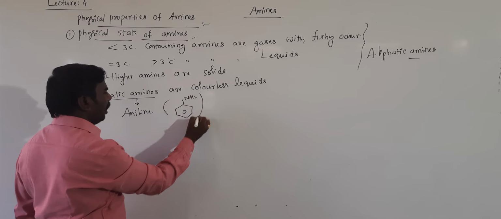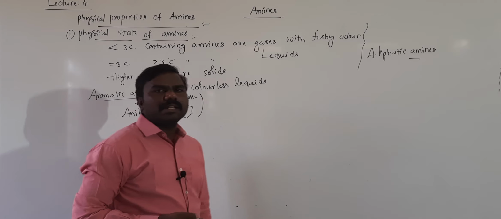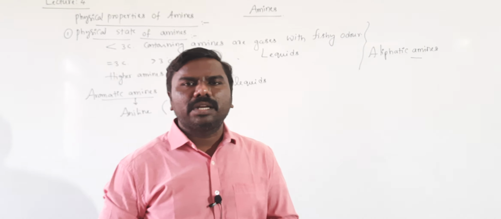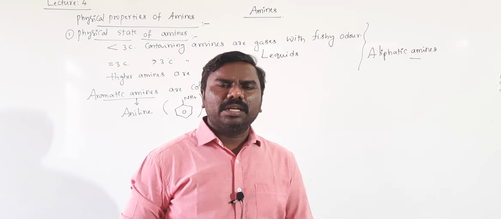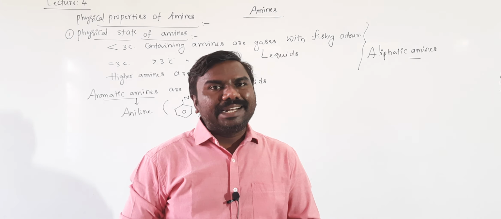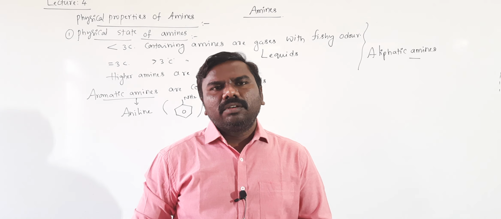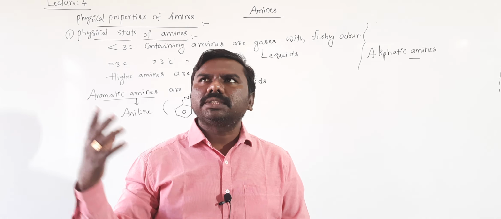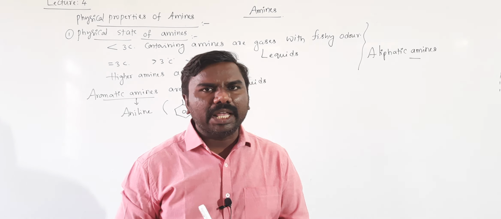It is a colorless liquid. Aromatic amines include aniline, N,N dimethyl aniline, N methyl aniline, like that, many are there. So these are colorless liquids. When exposed to atmosphere, they will get color by oxidation with atmospheric air.